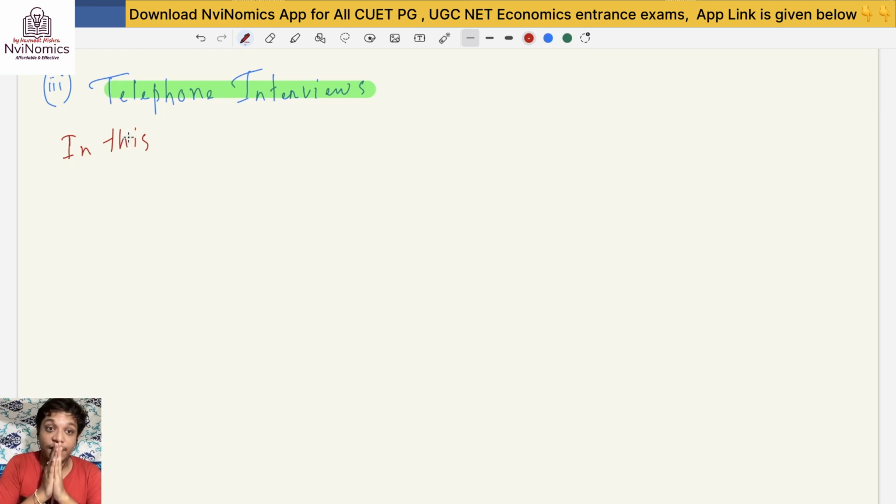If Samuel said, sir, the Congress government was effective because of these reasons, and another said, no, sir, the BJP government was very effective because these are my points of view, then those questions are open-ended, because for that question you have multiple answers.